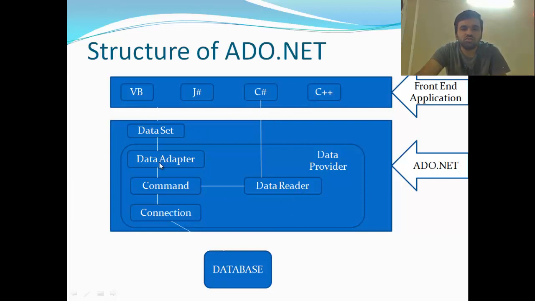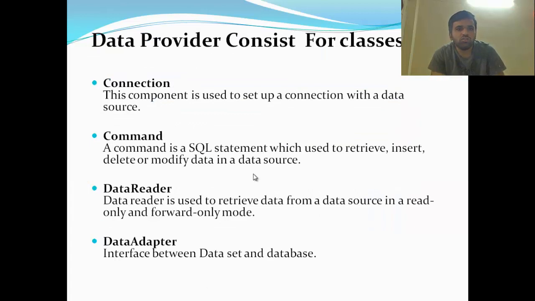And lastly, data adapter is used to establish an interface between the database and data set. There are 4 classes of data provider: connection, command, data reader and data adapter.